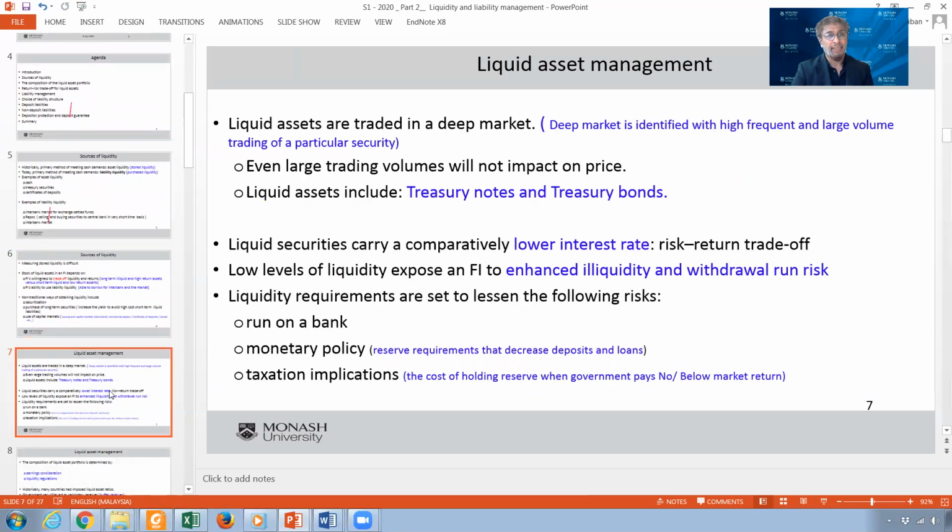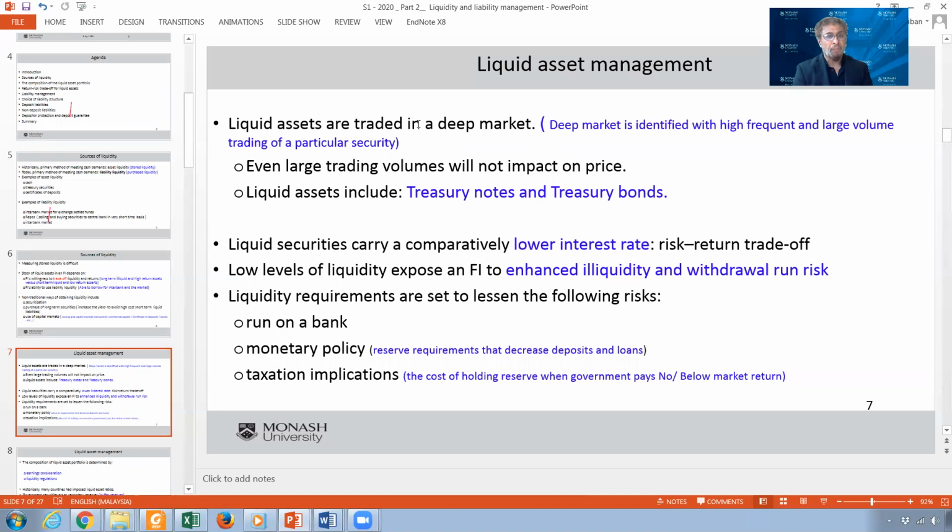Liquid assets are traded in a deep market. Maybe this is some of the concepts that you are not aware of at this stage. It's an investment term. When we say this market is deep, or there is depth in this market, we say this market is a deep market. Otherwise, this market is a shallow market. Now, when we mean by deep, it means the trading is too much.